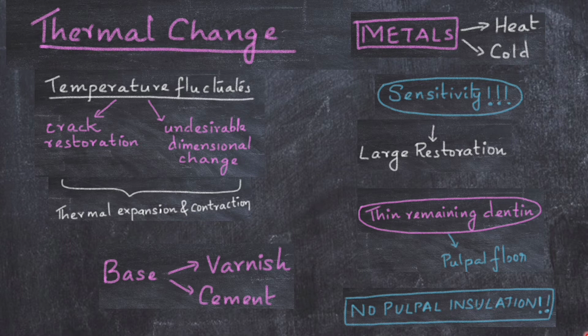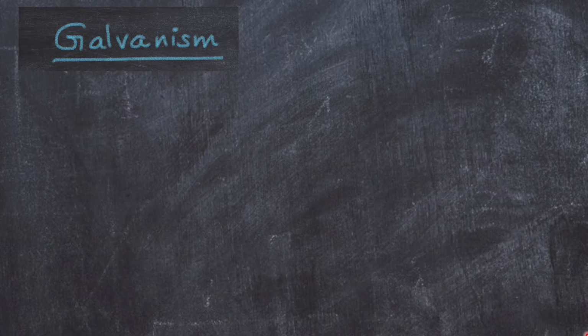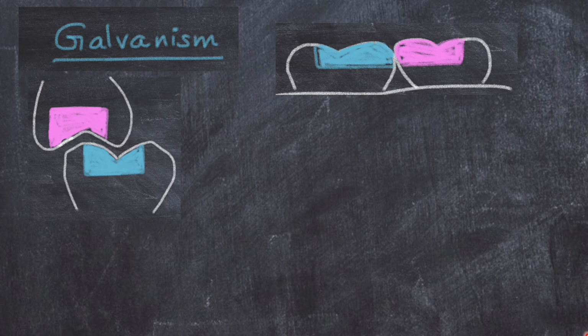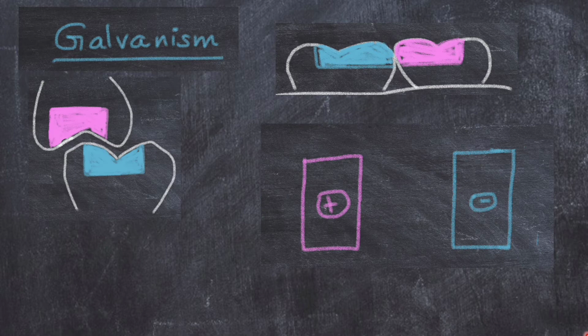There is something called galvanism. This is produced when two different metallic restorations are either opposing each other or are placed in two adjacent teeth. Here, these two metals are going to produce a potential difference. That is, one will act as a cathode, or a positively charged electrode, and the other will act as an anode, or a negatively charged electrode.